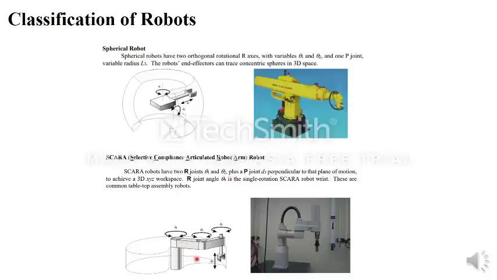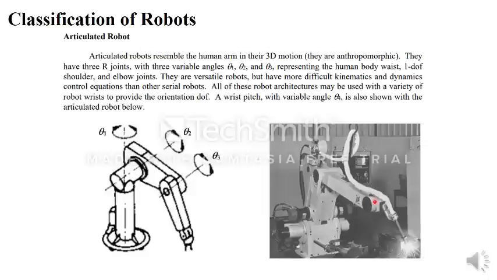Here you can see that there is a revolution about 2 axes, one axis here and another axis here, and there is a translation movement from here to here. This we call a SCARA robot, selective compliance articulated robot. It is used in industry for tabletop assembly purposes.